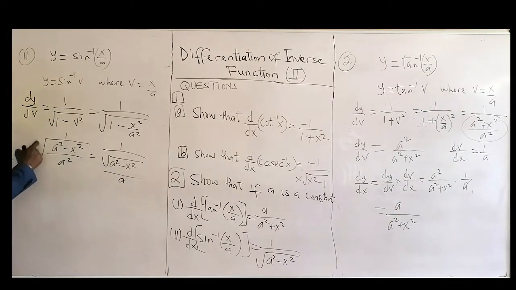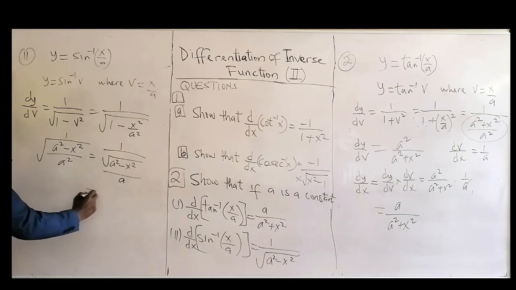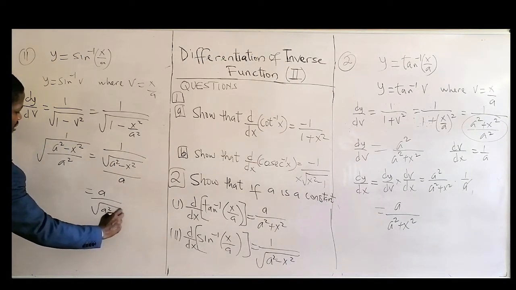When you have a square root of a fraction, it will be the square root of the numerator over the square root of the denominator. So that's what we have here. And then with this one here, it will be equal to what? a over the square root of a squared minus x squared.